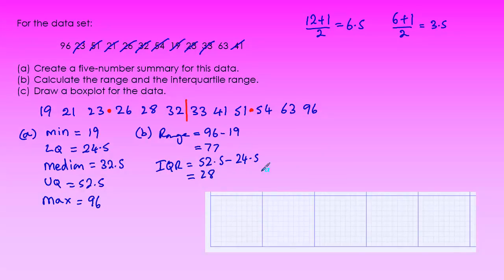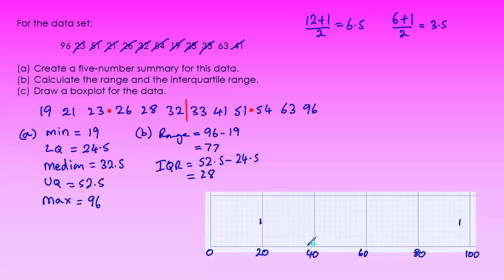And then finally we want to draw a box plot for the data. So if we start here with 0, 20, 40, 60, 80, and 100, we know that our minimum value is at 19, so that's going to be here. Our maximum value was at 96, so that would be just here.